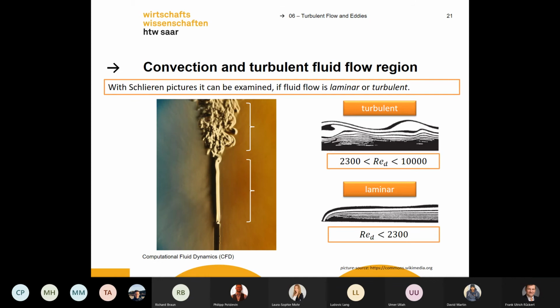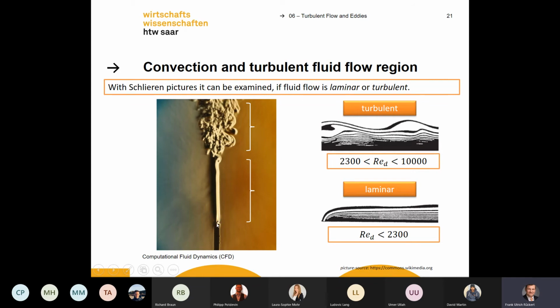Here again is another picture, and this picture was also made by Schlieren photography. I've shown you some Schlieren pictures before, and this is again a Schlieren picture of a candle. Now you see here the candle and the fire of the flame, and with this Schlieren photography you can also visualize the fluid flow.